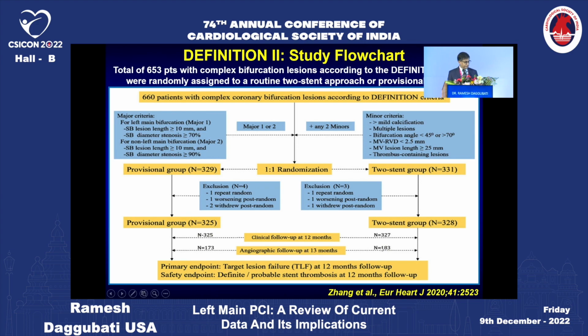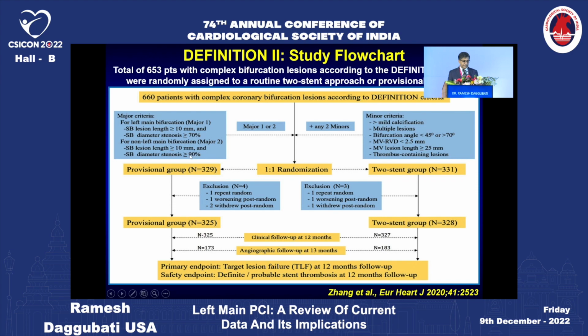The DEFINITION II study was actually designed after DK crush V started, and Dr. Chen and his group divided patients into major criteria and minor criteria based on lesion significance in the left main, where if there is more than 70% branch disease and the length of the lesion is 10 millimeters, they're considered a complex lesion, versus a simple lesion, which is obviously less than that. We are talking only about left main, so I'll skip this.